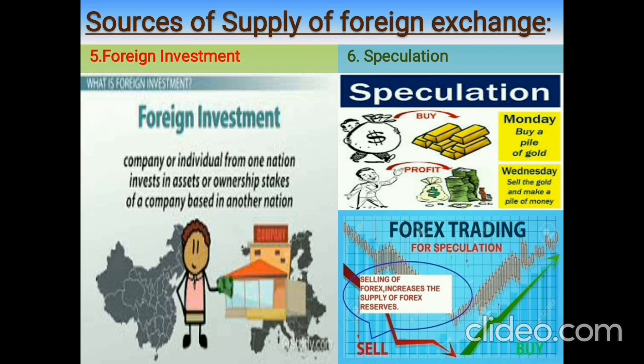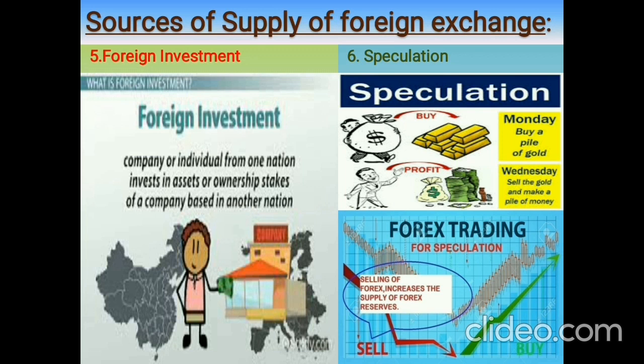So speculation supply of foreign exchange comes from those who want to speculate on the value of foreign exchange.